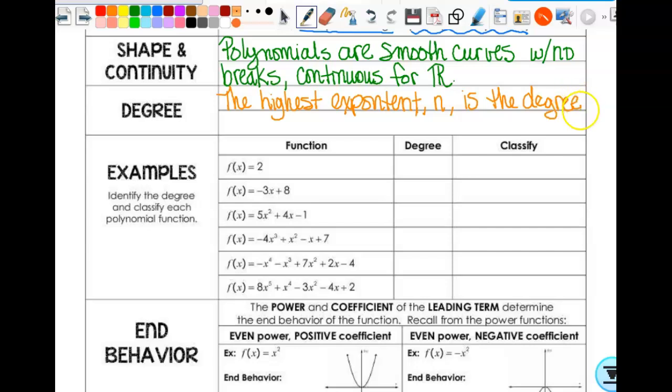And notice it says the highest, not the first. If it is written in standard form, like it should be most of the time, then it is the first one. But don't just assume it's the first one that you see. It's always the highest, but again, in standard form, it should be the first. And polynomials are classified by degree.